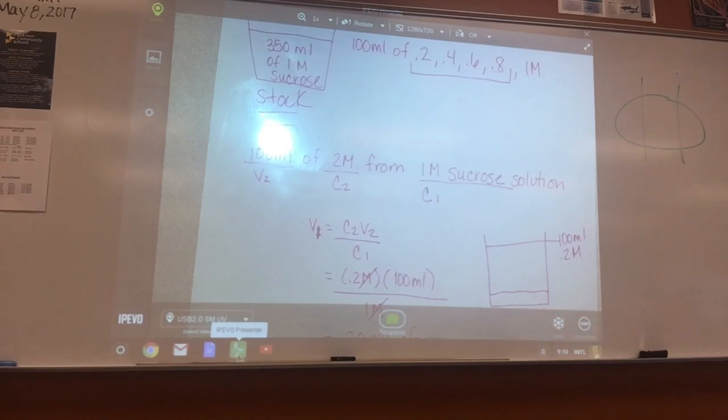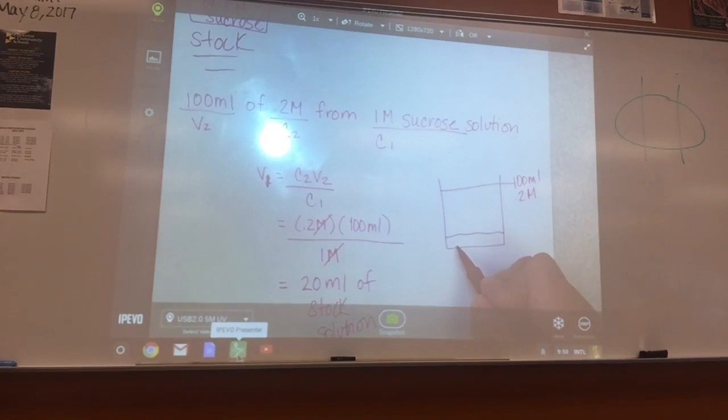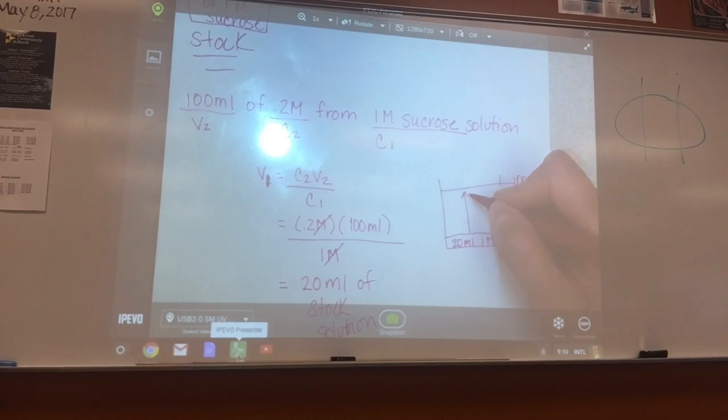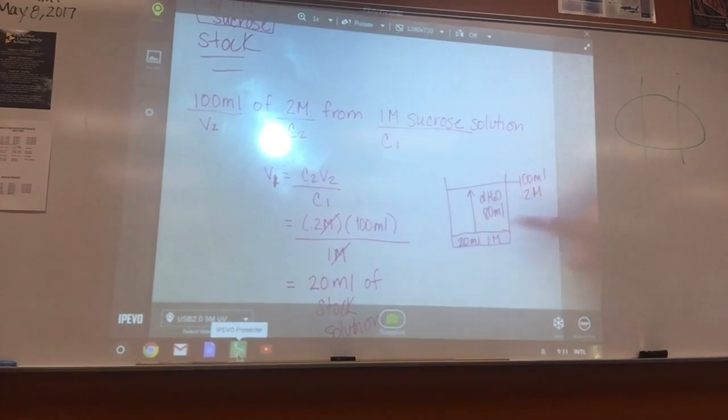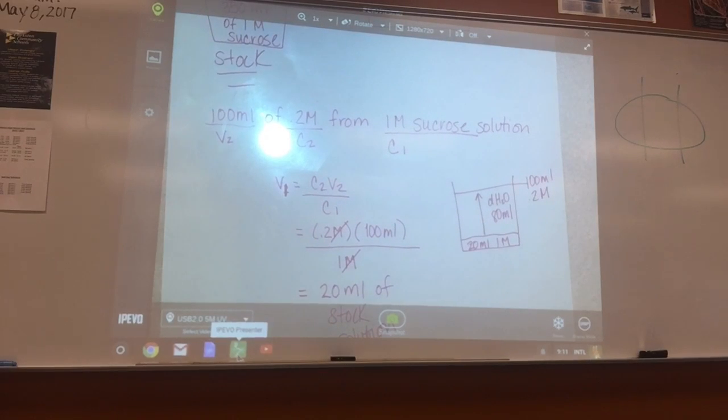So you're going to take 20 milliliters of that stock solution, the 1 molar solution, and then dilute it up to 100 with distilled water. So you're going to need 80 milliliters of distilled water, and that makes a 0.2 molar solution. Does that make sense? All right. And then you'll do the same thing with the 0.4, 0.6, and so on.